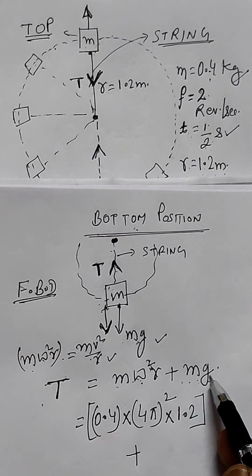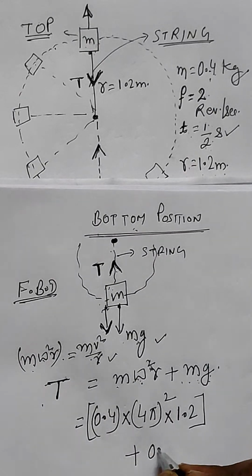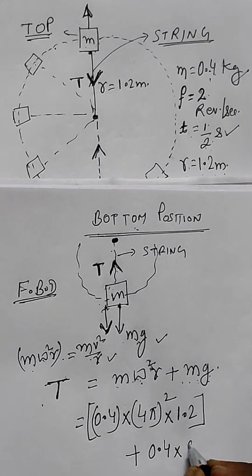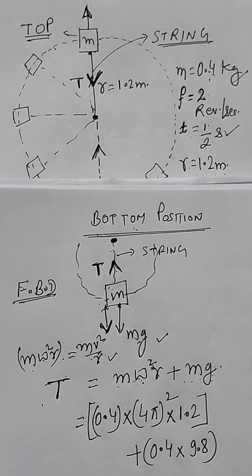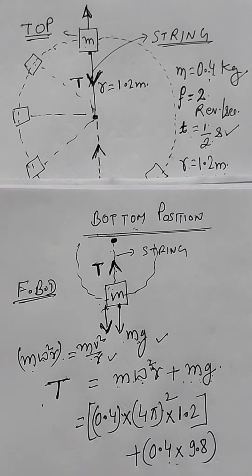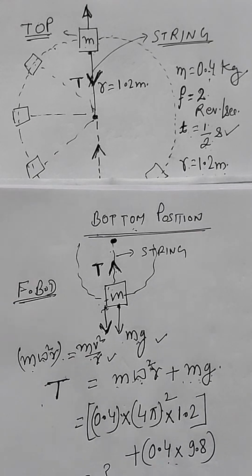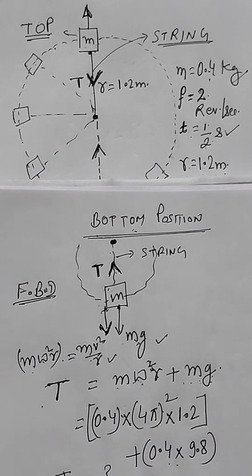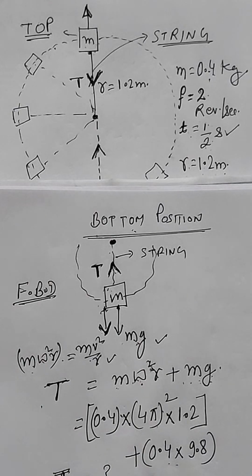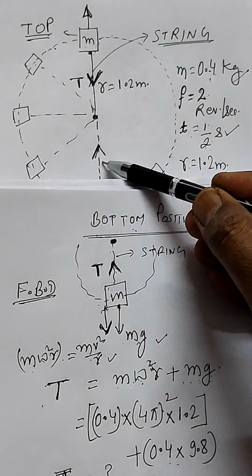This plus mg. What is the value of m? 0.4 kg into the value of g, that is 9.8 meter per second square. When you add both these values, you will get the value of T, and that much of Newton is your answer, which will be the tension developed in this string.